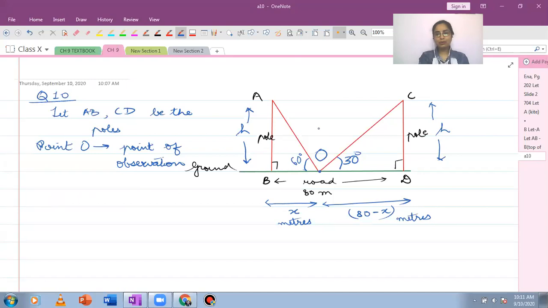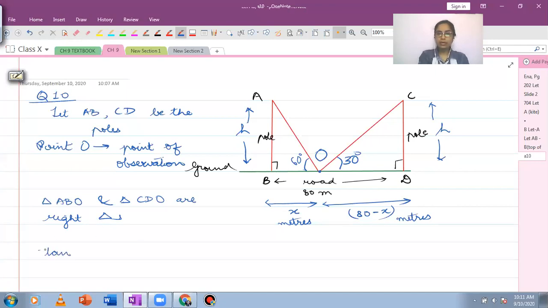So if you want, you can just write down that the distance of point O from the first pole has been taken as x. Therefore, the distance of point O from the other pole will be 80 minus x. Otherwise, you can just start. We have two right triangles, triangle ABO and triangle CDO, and then you can just apply the suitable trigonometric ratios.